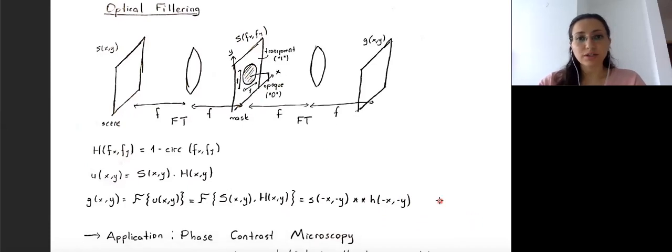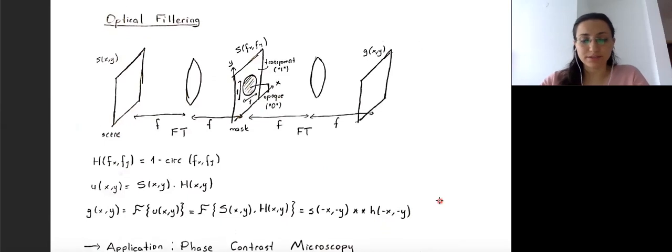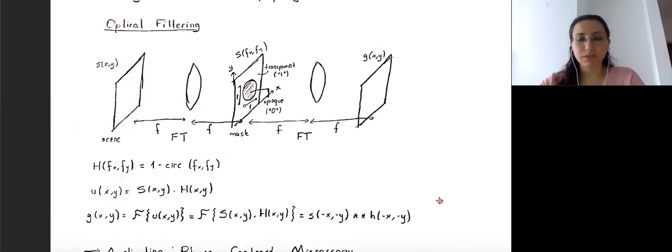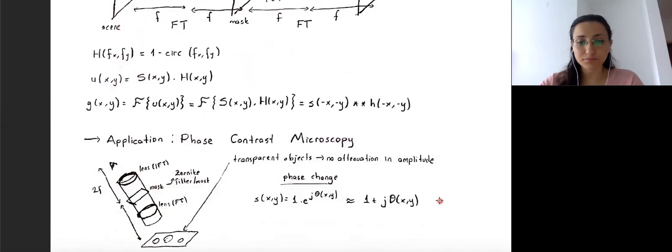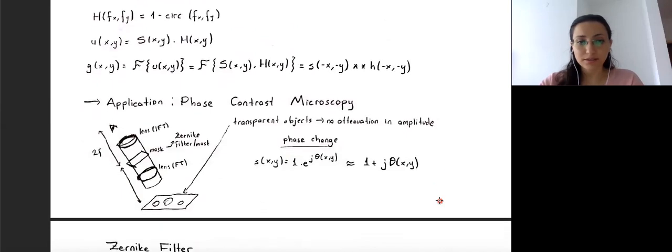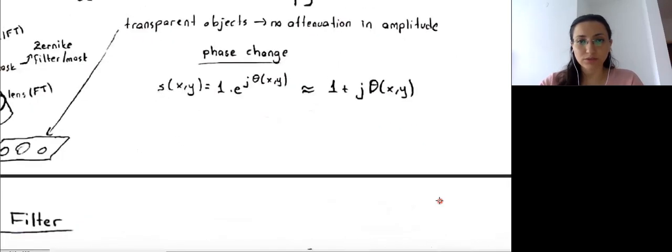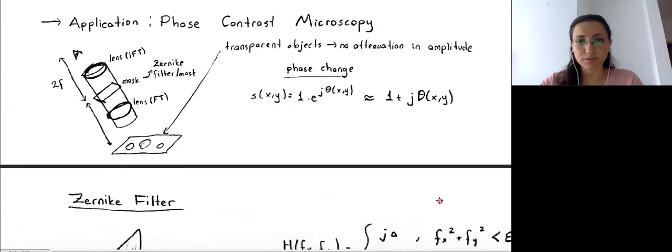Okay, so this is the general idea behind optical filtering, and this has important applications, of course, in imaging. One application I'm going to discuss here is phase contrast microscopy. Let's understand how phase contrast microscopy works.